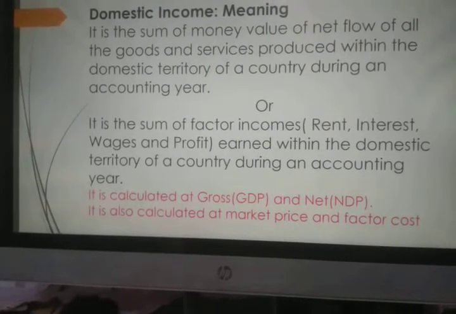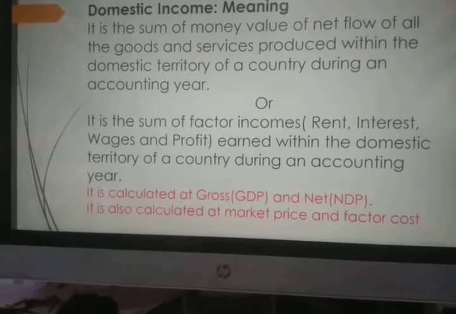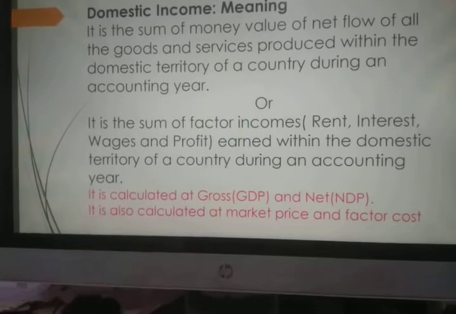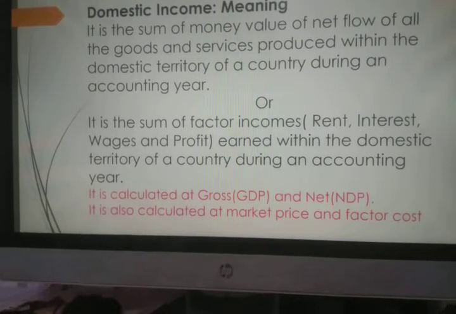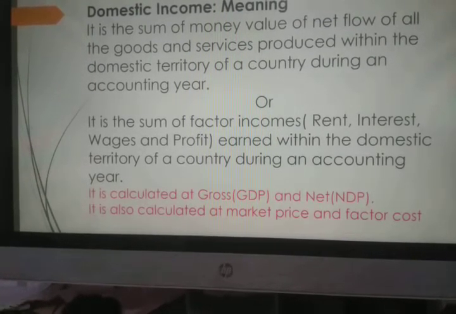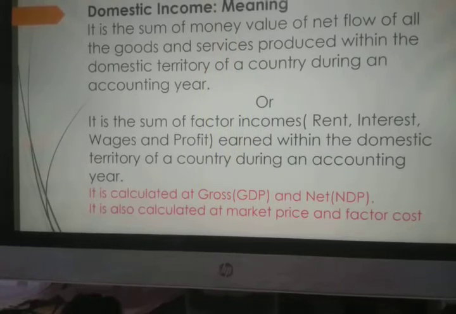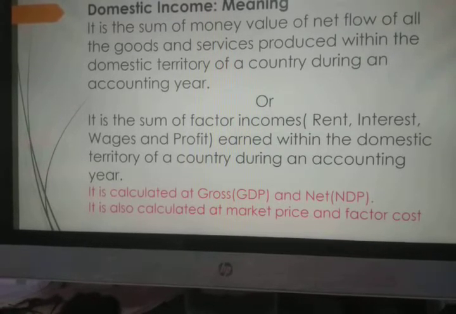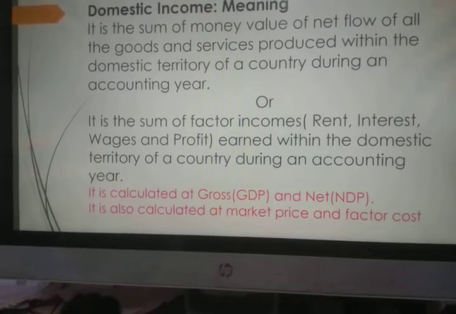We consider only the contributions made by the normal residents of a country. This can also be defined as a sum of factor income, that is rent, interest, wages and profit, earned within the domestic territory of a country during an accounting year. Again, do not forget to consider domestic territory.